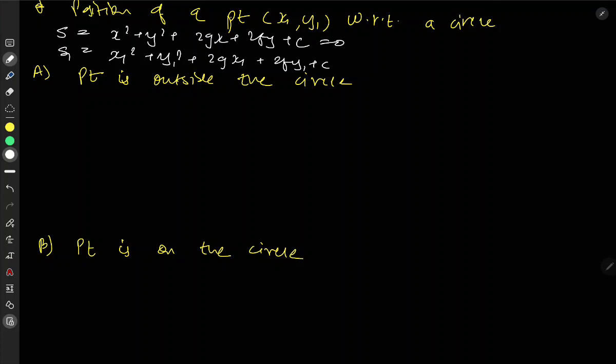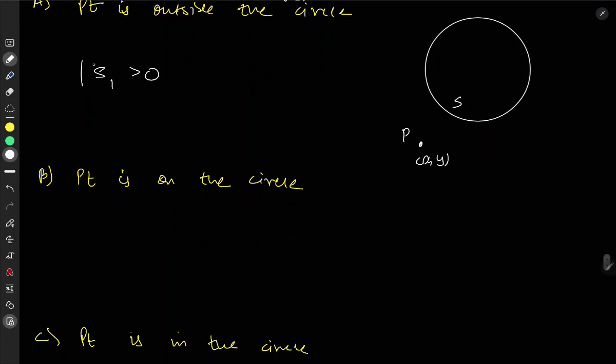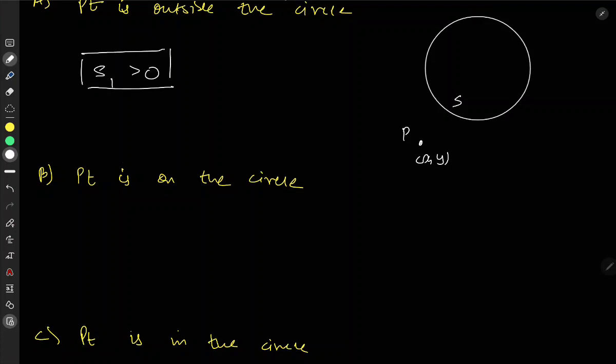So if the point is outside the circle, the diagram might look like this. This is the circle, and this is the point P, that is x comma y, and this is S. So in this case S1 must be greater than 0. So this is a theory which we have to know.